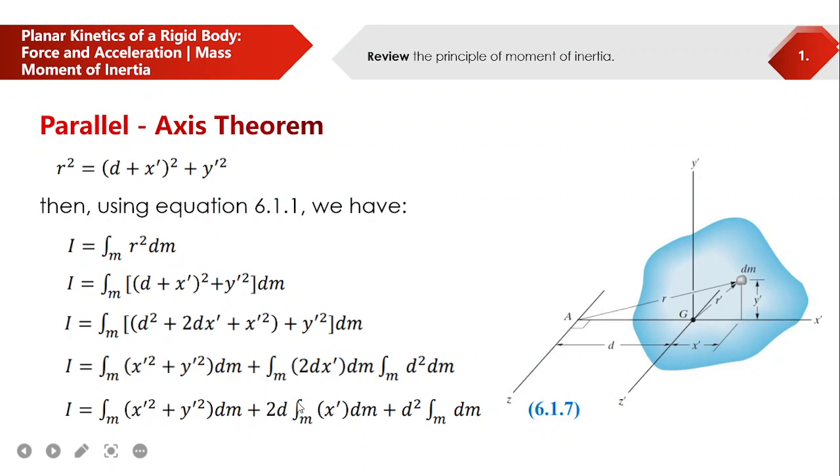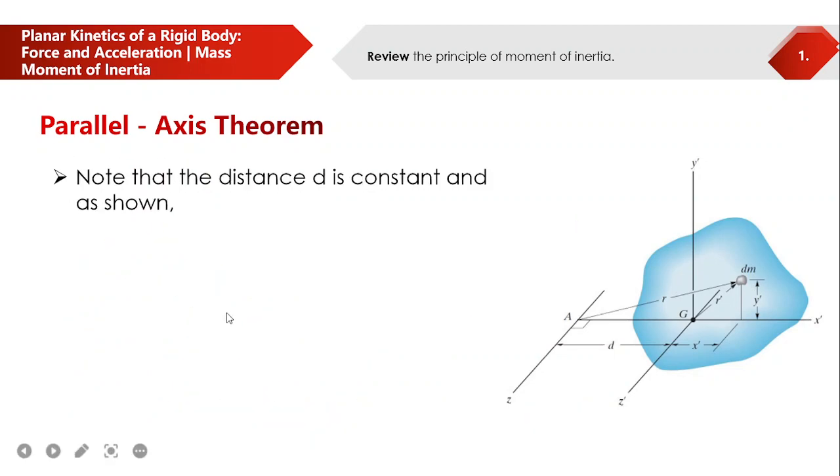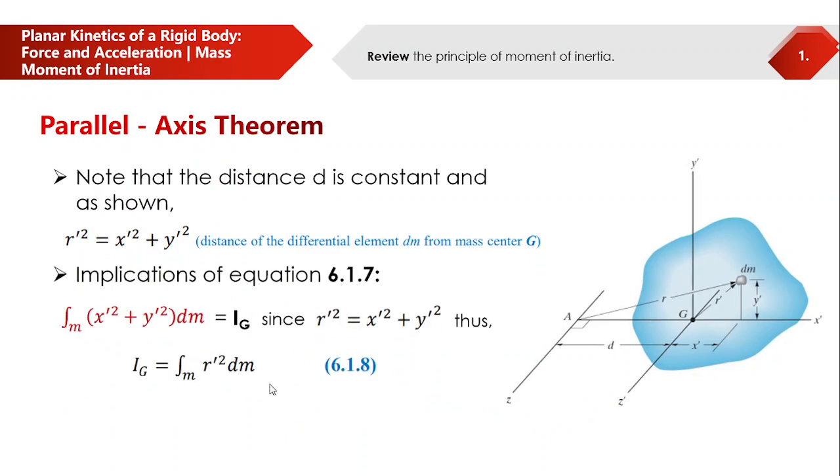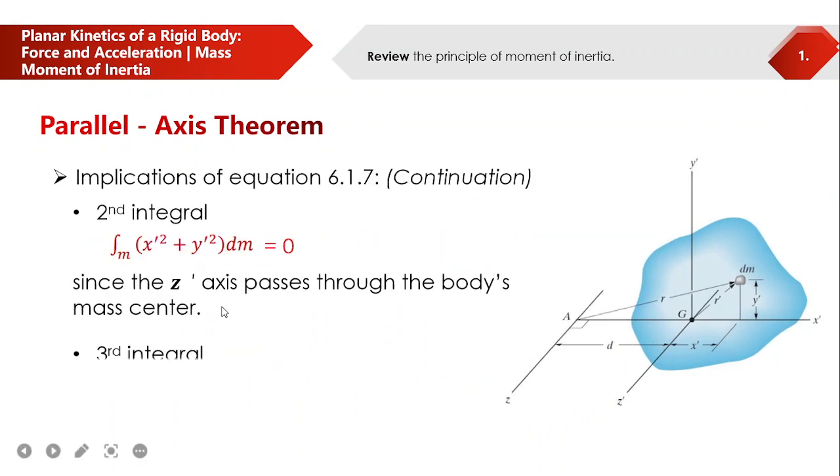So this is your second integral. What happened here is that the integral of x prime dm times 2d is the integral that passes through our center on the z axis. So we can say that the second integral is 0.